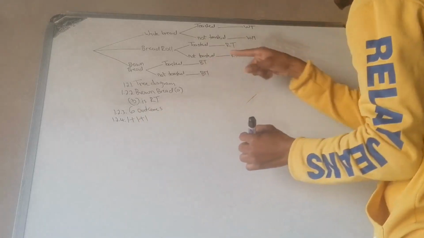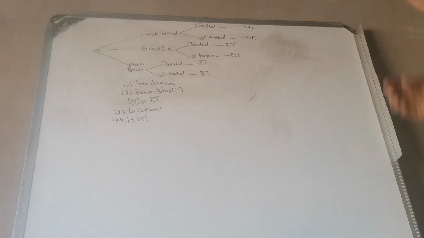Now, write down the number of toasted bread outcomes. Are we going to include the bread roll? Keep the bread roll out.